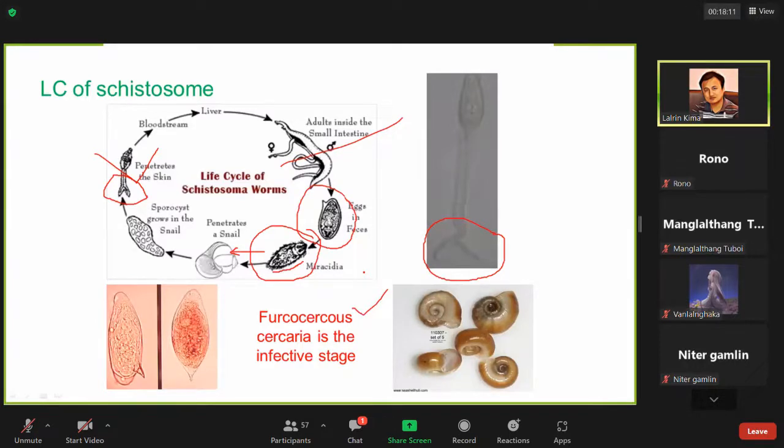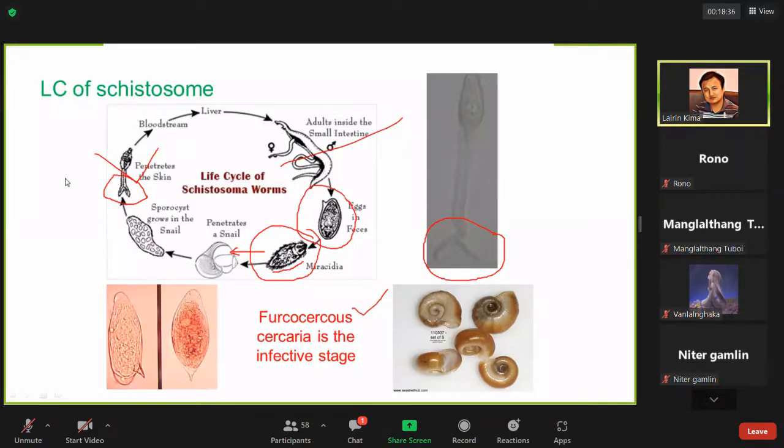I'm going to ask this one in the exam, as fill in the blanks or MCQ. Furcocercous cercaria is the infective stage, but the metacercaria is the infective stage of most of the other trematodes. In the case of Schistosoma, the furcocercous cercaria is the infective stage.